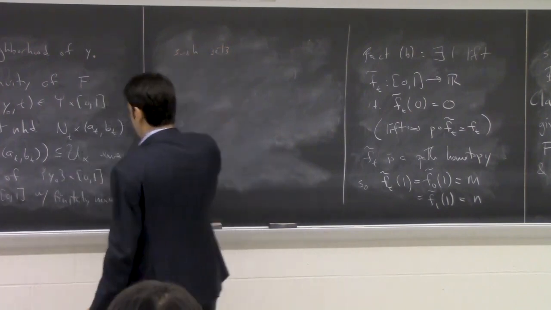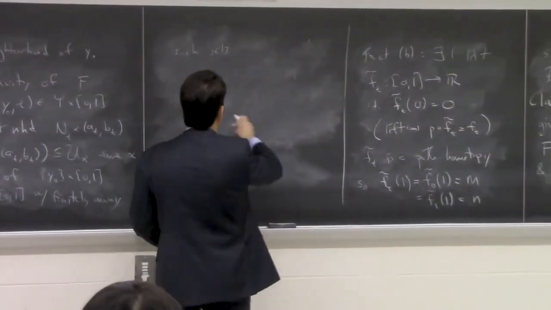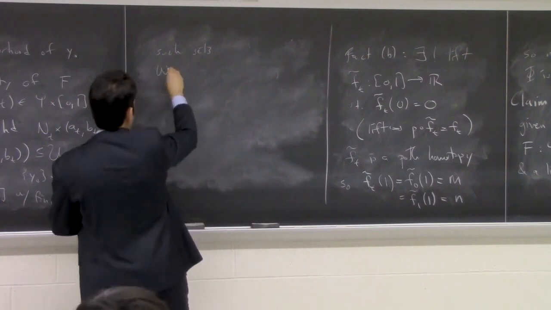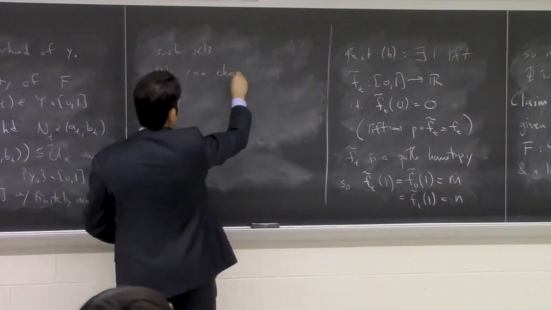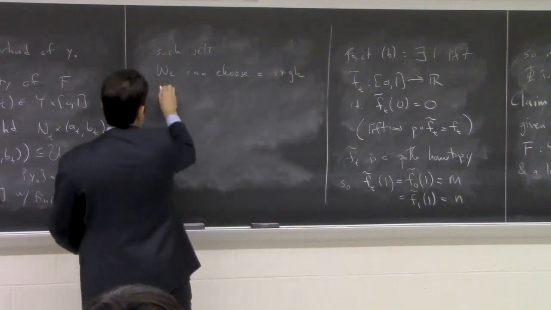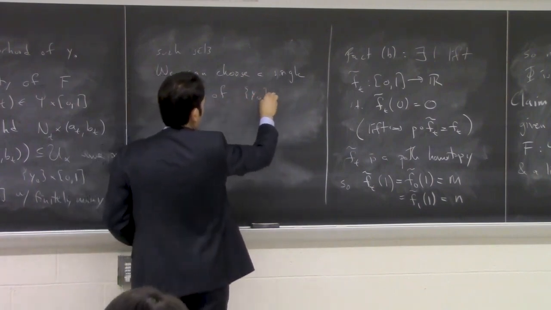Right, and then by choosing the intersection over the finitely many N sub t's, we can assume that there's a single neighborhood of y naught.